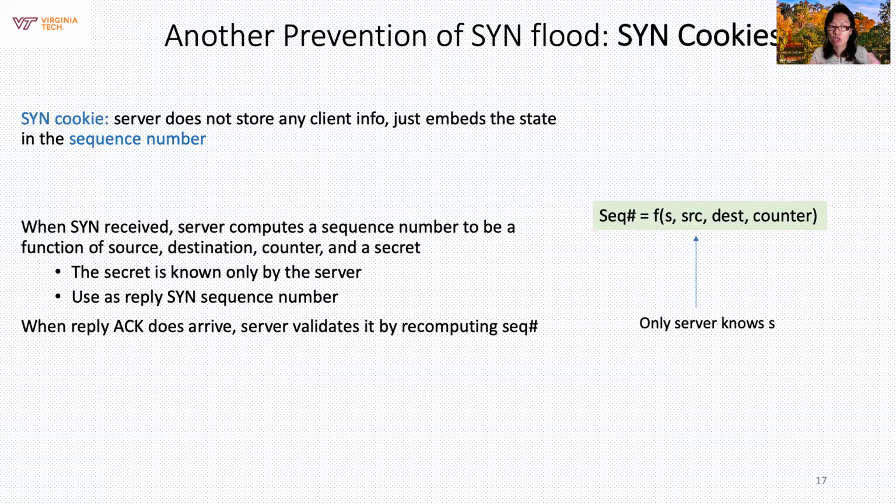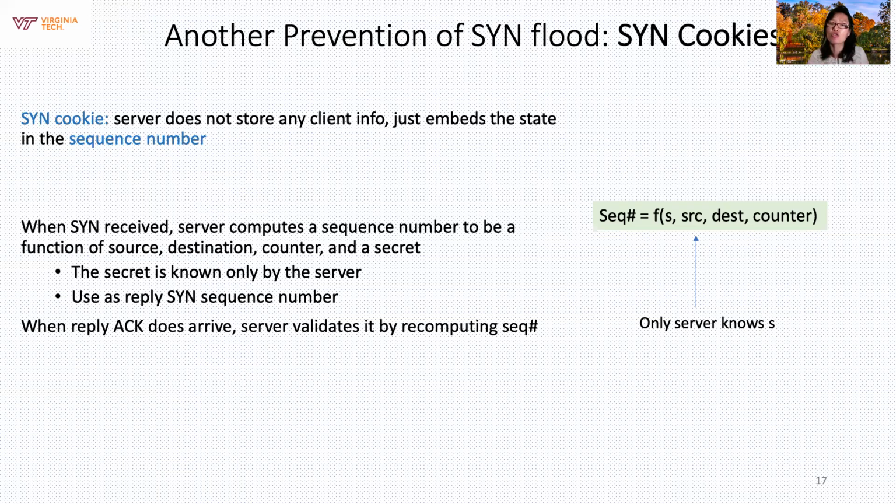In the previous design, the server could not do this, because when the client sends back the SYN ACK packet, the server will have to validate whether this is a legitimate request continuing the previous request in the protocol.